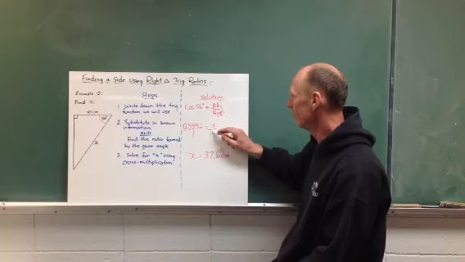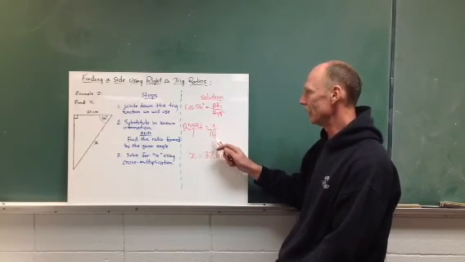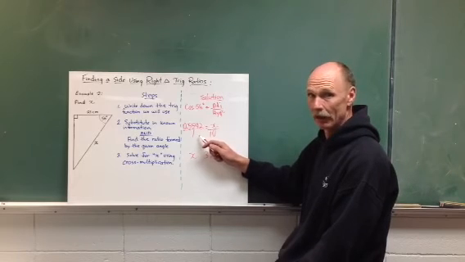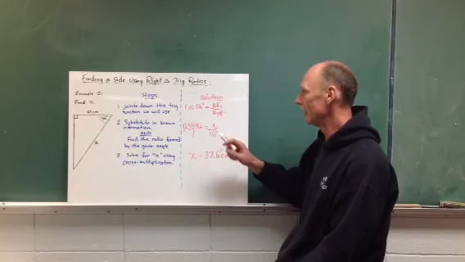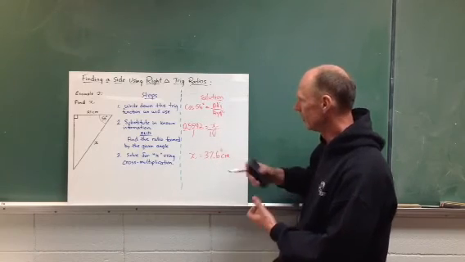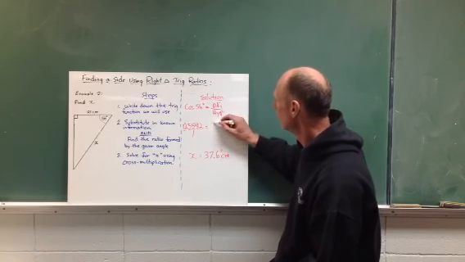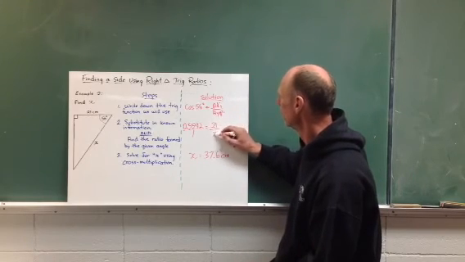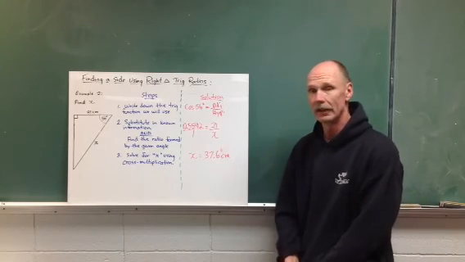Let's say it was 10. In this case, when we cross multiply, we would go this times this. Of course, I don't have to bother dividing by 1 because it wouldn't change. So sometimes we multiply the side and the ratio, and sometimes we divide, depending on the circumstances. I'll just return this where it was. This is 21 over x. Okay, and that's it. That's how we find a side.